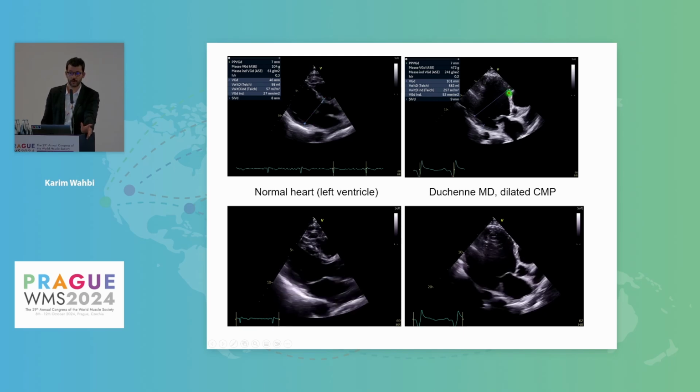Here you have a left ventricle with a diameter of more than 10 centimeters. I think you can easily figure out that it will be extremely challenging to treat these patients. At this stage, you have a lot of fibrosis everywhere, and you can give this patient any treatment you have, even exon skipping, gene therapy. Treatment can't be efficient. So you need to treat patients early, and for that you need to have an early diagnosis.